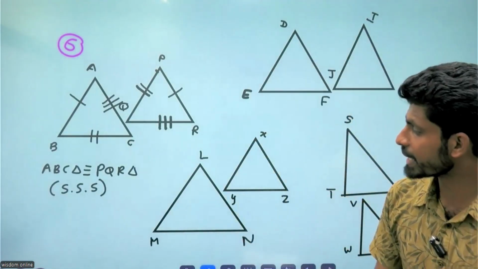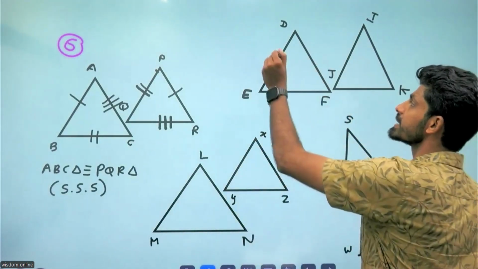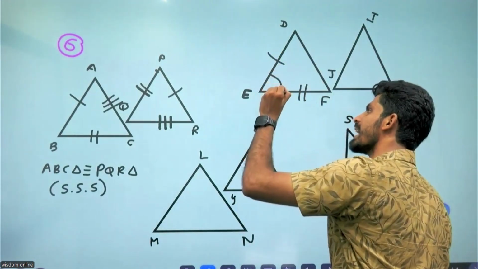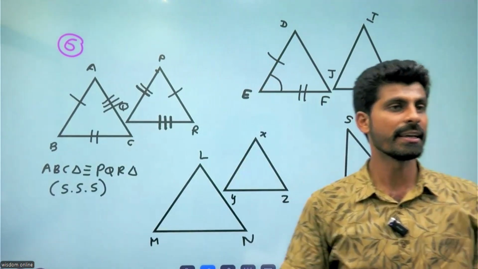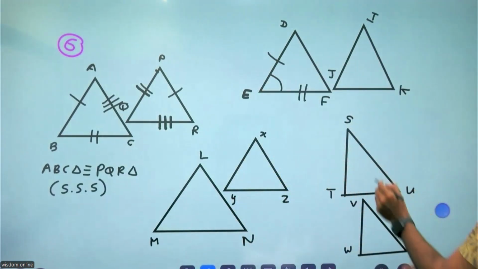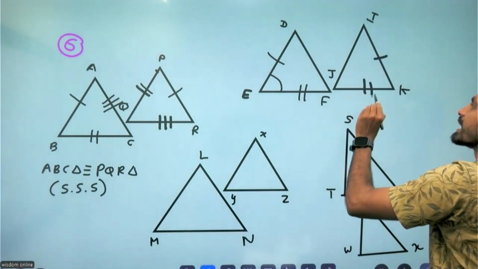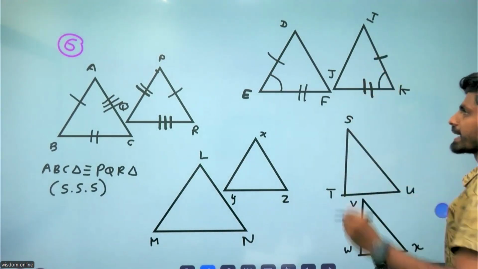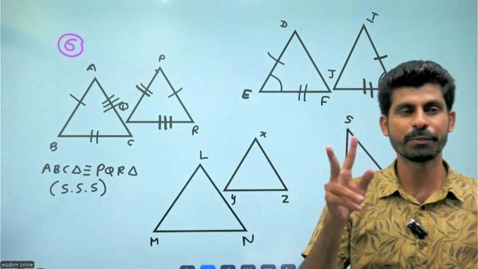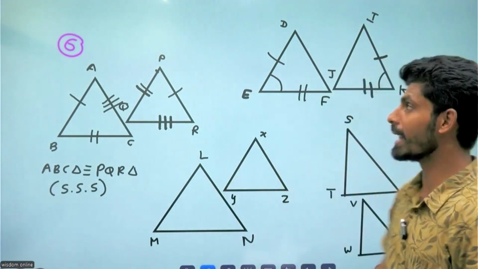Second stage: if two sides and the included angle are equal to two sides and the included angle of the other triangle, those angles should be the included angle. Two sides and the included angle.